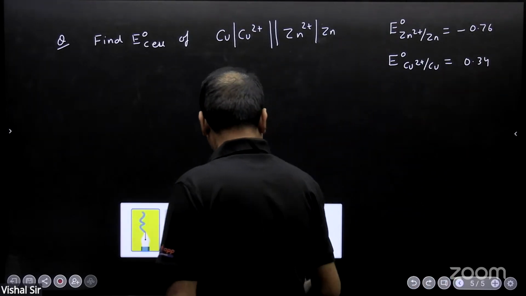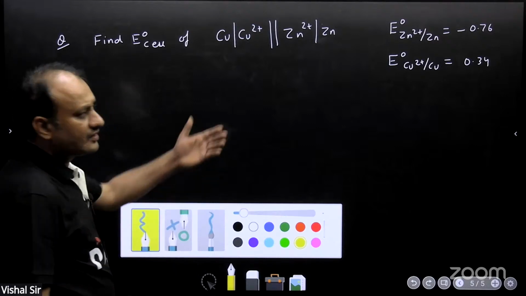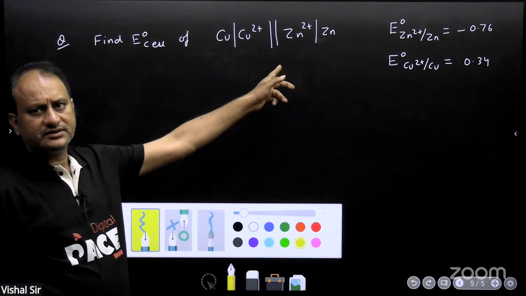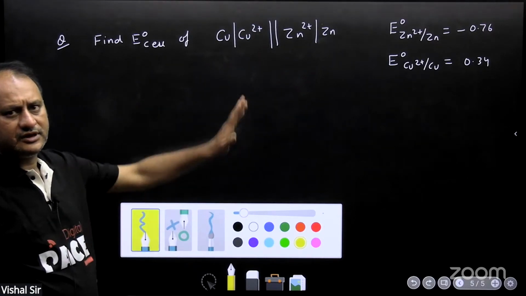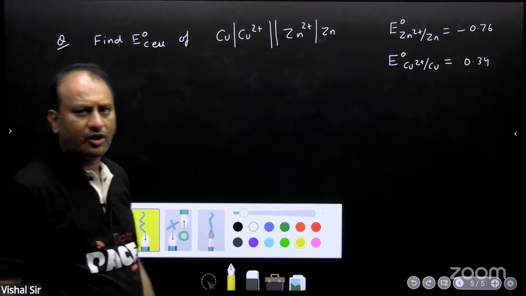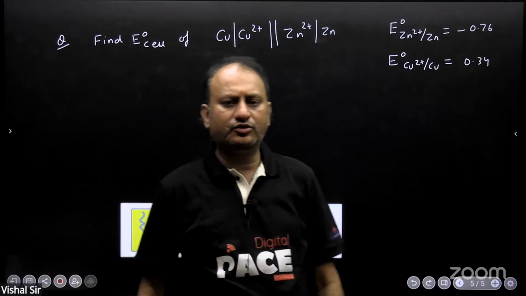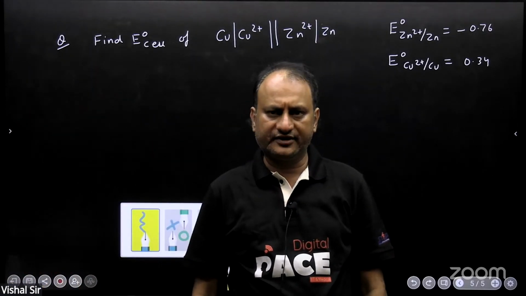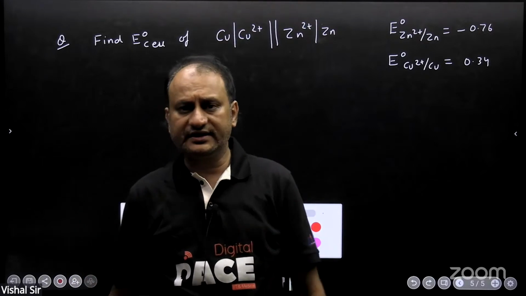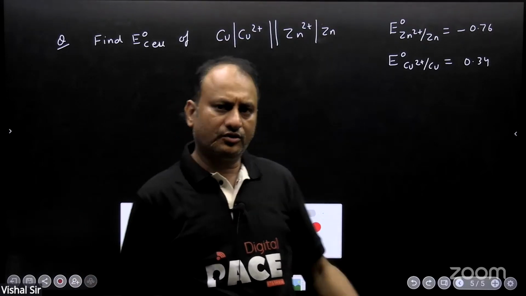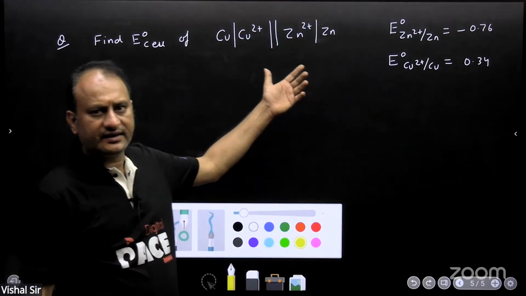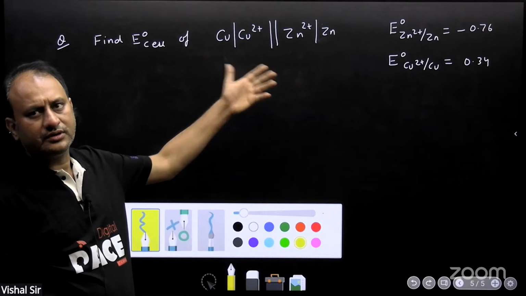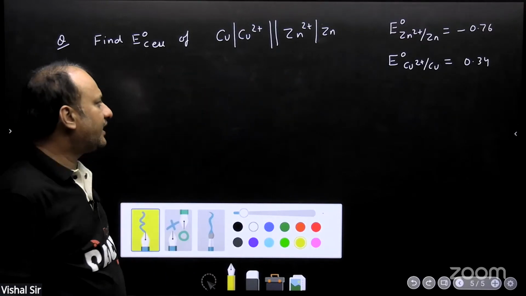So now what I can see in this problem, salt bridge is this double vertical line. Left to salt bridge is copper half cell. Right to salt bridge is zinc half cell. Here notation is given to me. So I know zinc half cell in this notation is cathode. Copper half cell is anode.